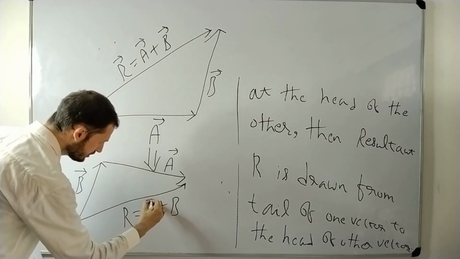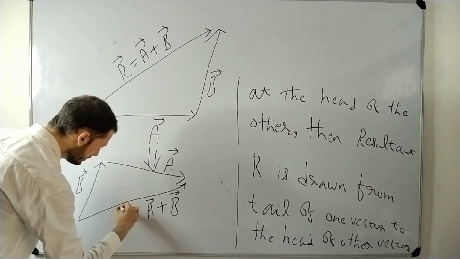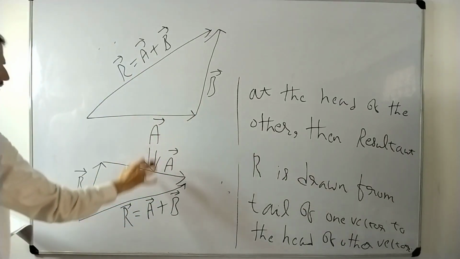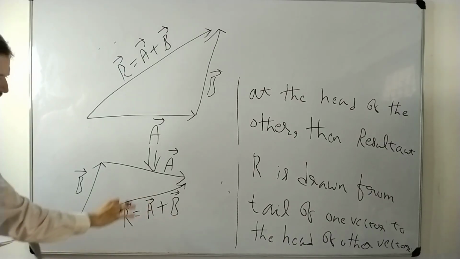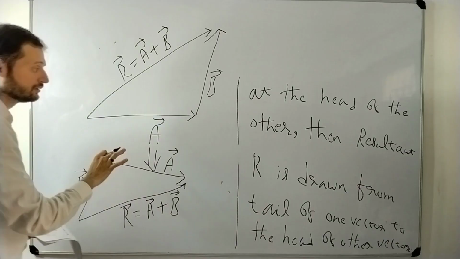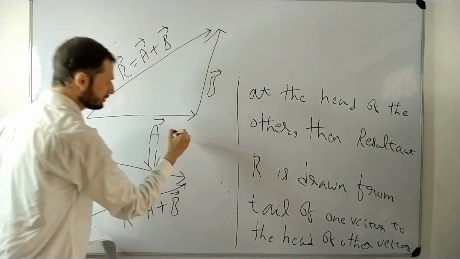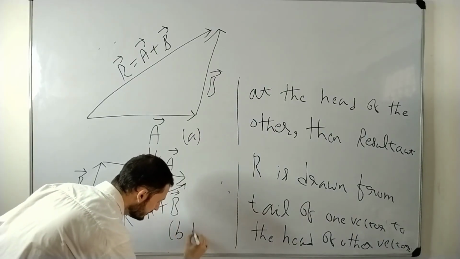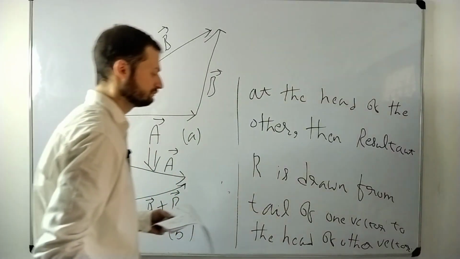So you must have noticed that R is having the same magnitude and same direction as in this case. Both are the same thing. A and B figure are the same thing.